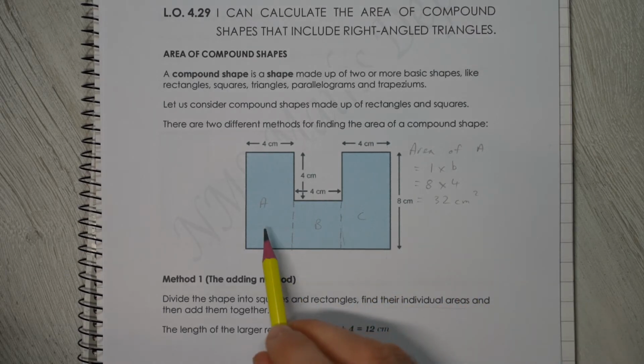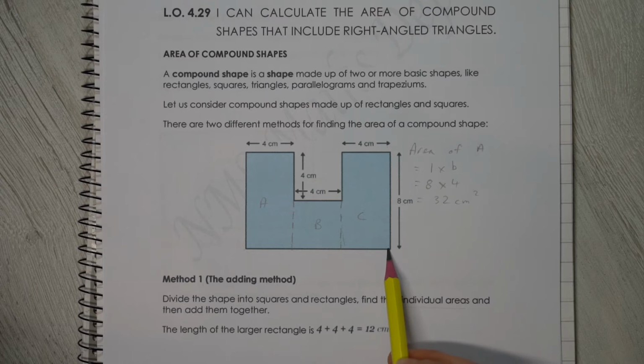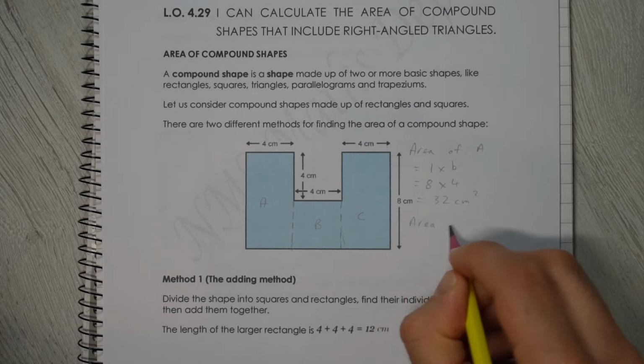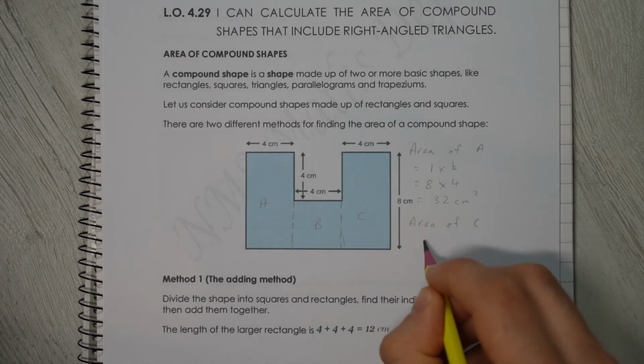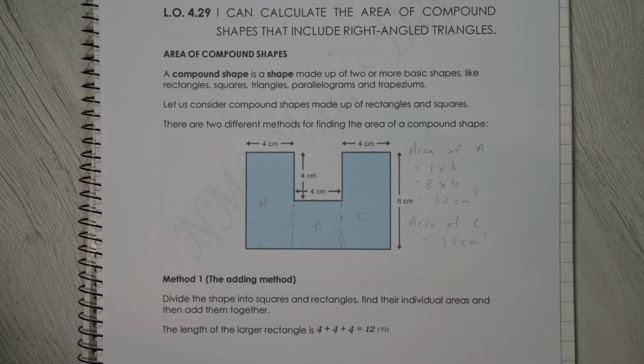I also know that A and C are the same, 4 centimeters by 8 centimeters, so they have the same area. Okay, so area of C is equal to 32 centimeters squared.